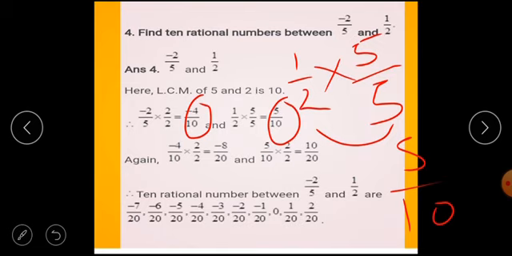Now I can easily write down the numbers that lie between these two rational numbers.